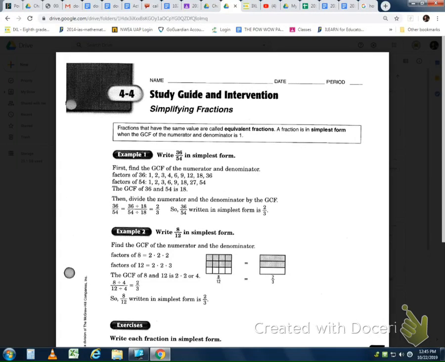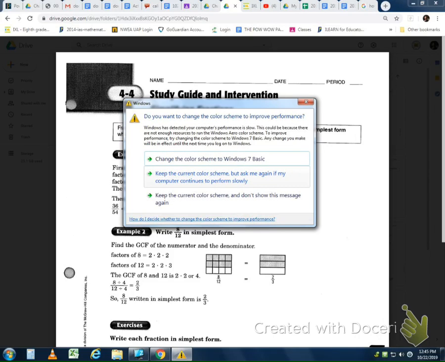Lesson 4.4, Simplifying Fractions. It is a standard policy anytime you're dealing with fractions in problems, now and in the future in any kind of math problems, you never leave a fraction unsimplified.